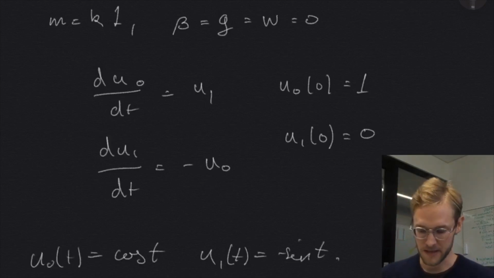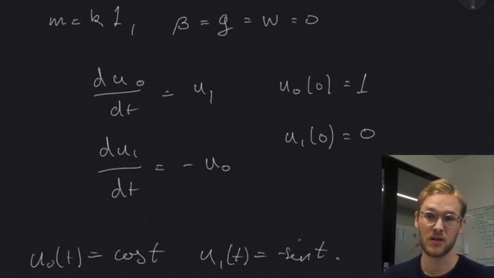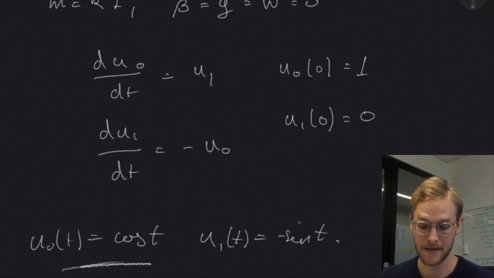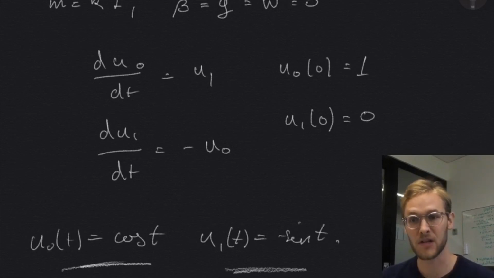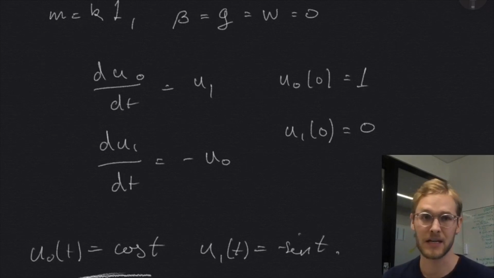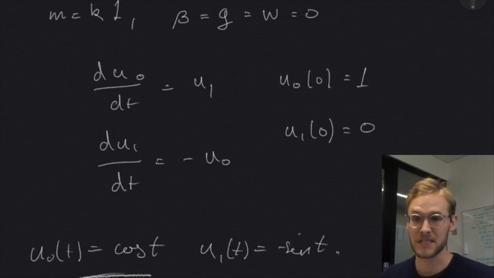And if we remember, the cosine function represents the position of the spring stretching, and this will be sort of like the velocity. This will be our benchmark case.